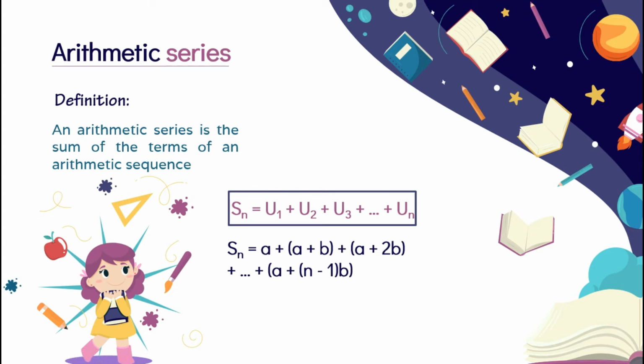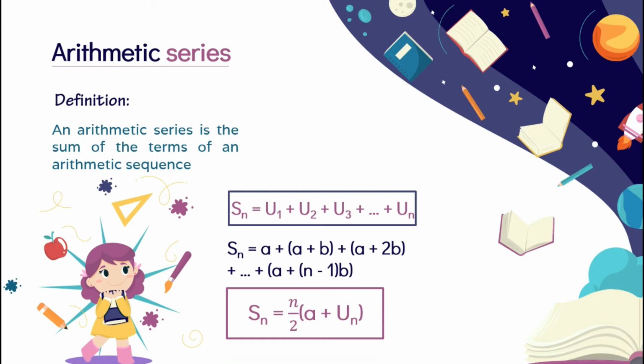If it is known that a is the first term and un is the nth term, then the arithmetic series value is Sn equals n divided by 2 multiplied by a plus un.